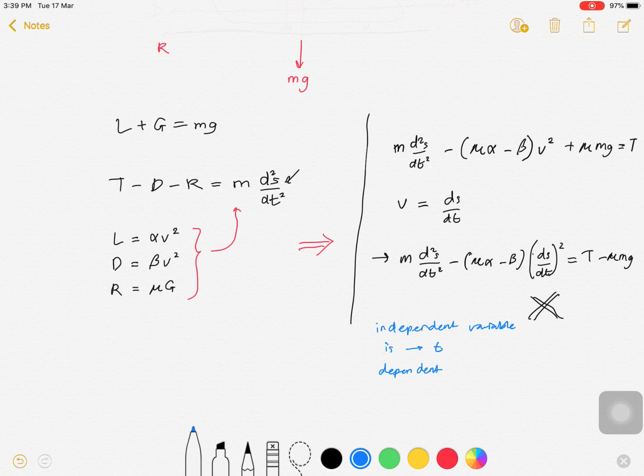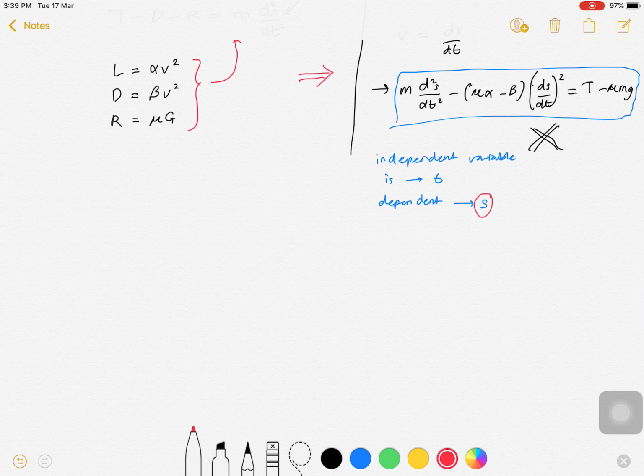For ODE, the dependent variable can be more than one, but in this case we only have one, which is s. So s is the displacement. When we solve this equation, we can have the answer. We can know what is the length of the freeway, which is the value of s. Okay, so that is one example.